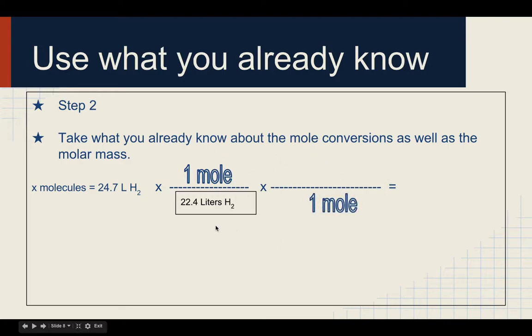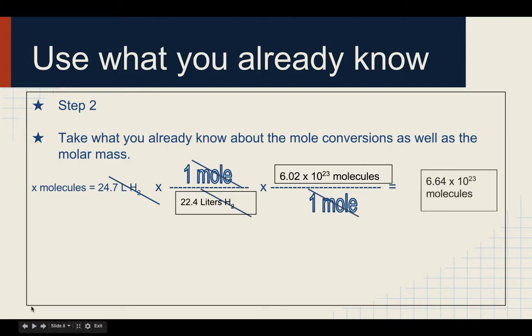If I already have moles and liters, that's right, this thing I'm looking for. 6.02 times 10 to the 23rd molecules. Get rid of the liters, gone. Moles, gone. I'm left with 6.64 times 10 to the 23rd molecules. So I multiply 24.7 times 1, divided by 22.4, multiply it by 6.02 times 10 to the 23rd, divide by 1, hit the equals, and I get 6.64.